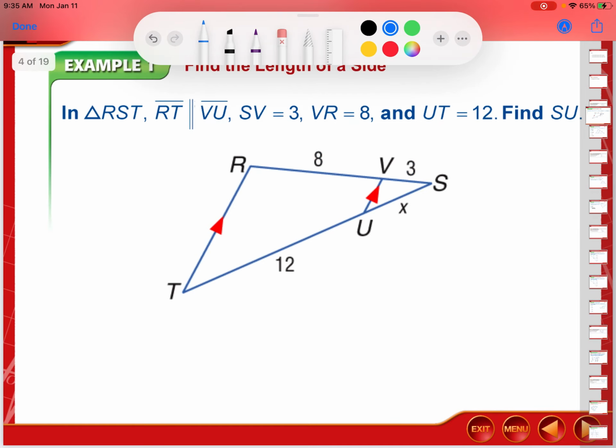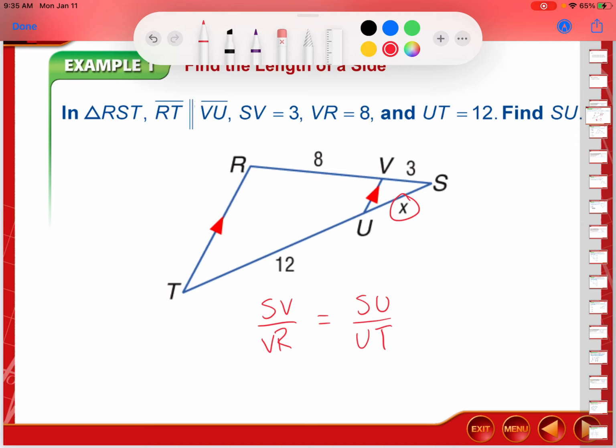All right, so our first example here, we have in triangle RST, RT is parallel to VU, and then they give us all these different side lengths. So what we can do is we can set up a proportion to find the missing x. So I'm going to say SV over VR equals SU over UT.